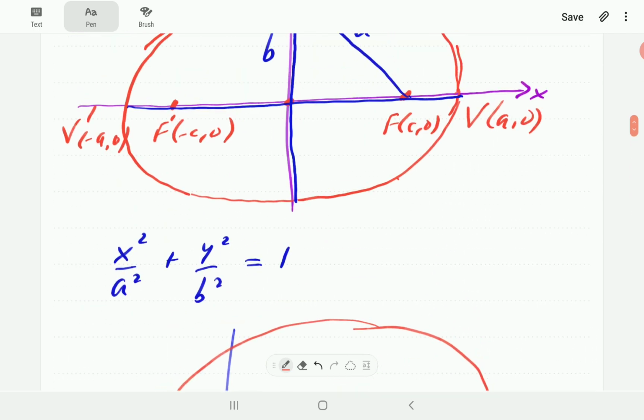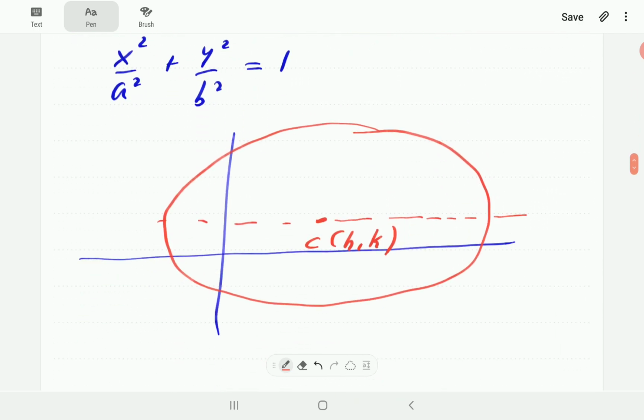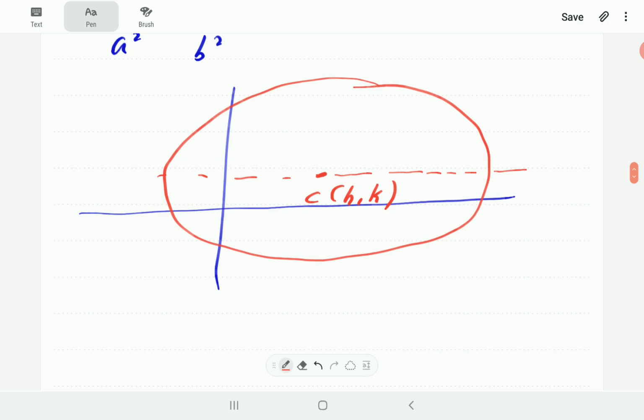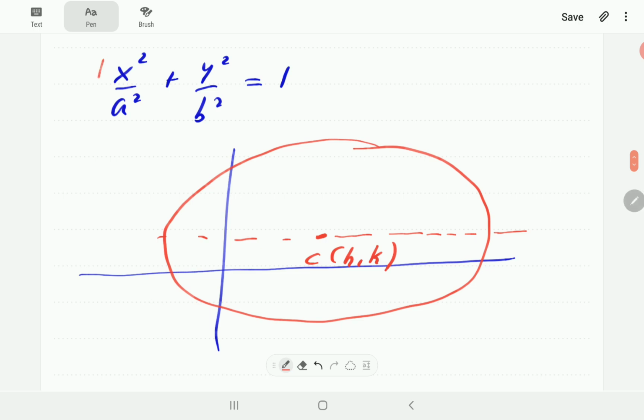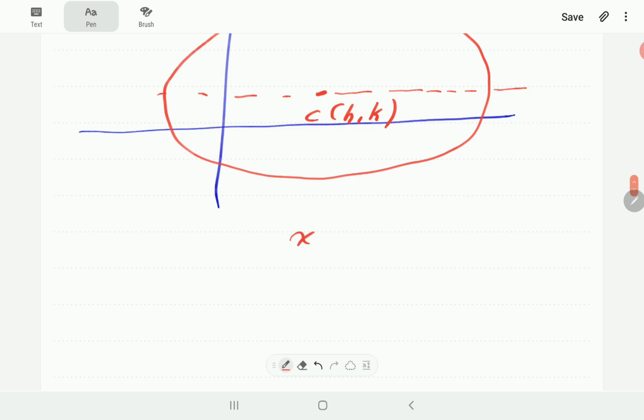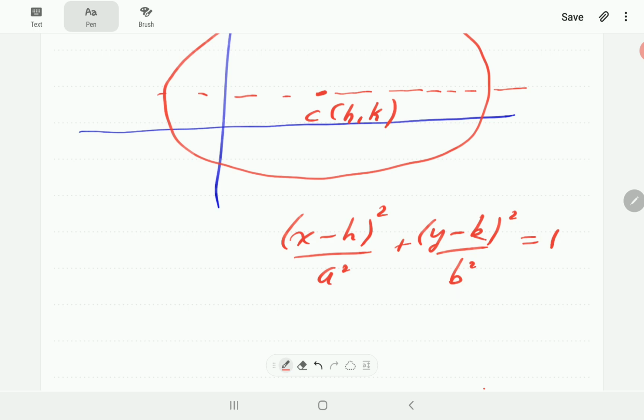So basically everything is exactly the same, except that the ellipse has now been translated so that its center is at (h, k). Then all that's going to happen in this equation is that every x is going to be replaced by x minus h, and y is going to be y minus k, and so that's what the equation is going to look like.